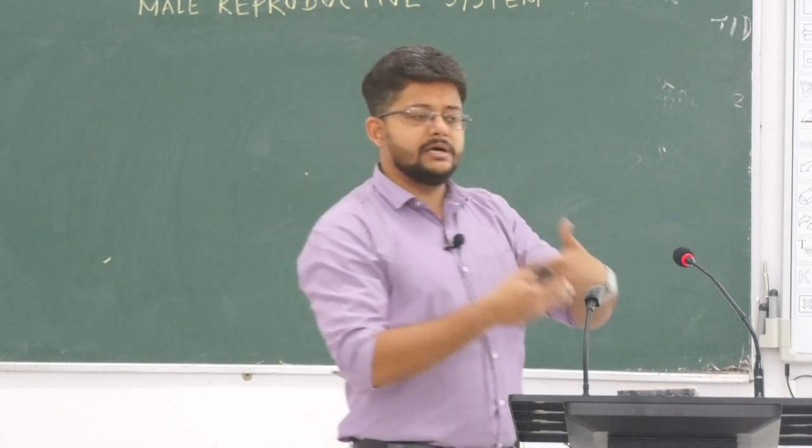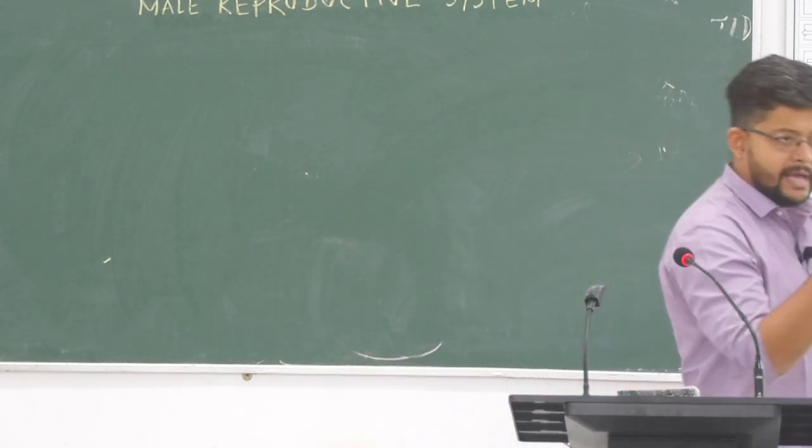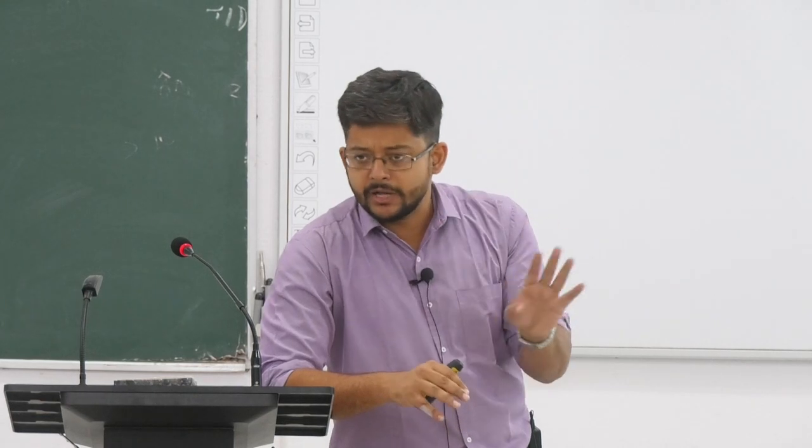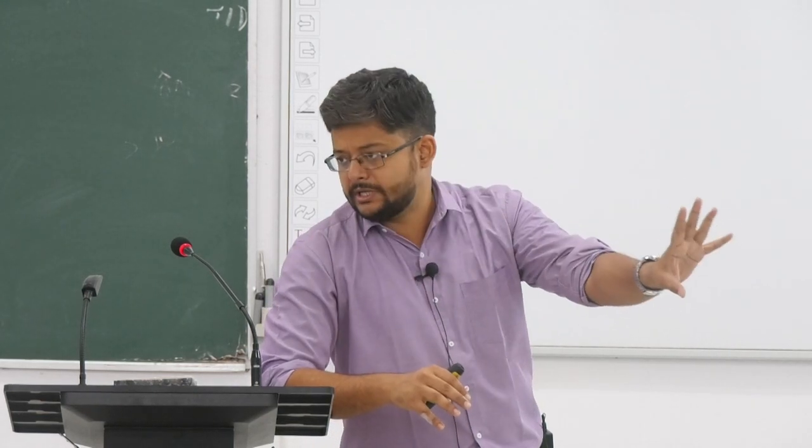Inside the seminiferous tubule, with the help of secretion from the Sertoli cell, we have more maturity and more concentration of it, and it has its own biochemical pathway. That is the whole macro picture.